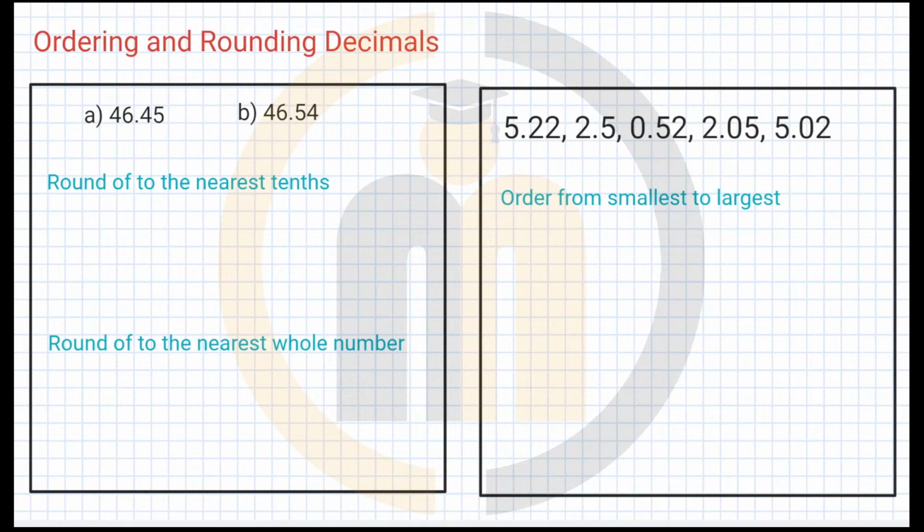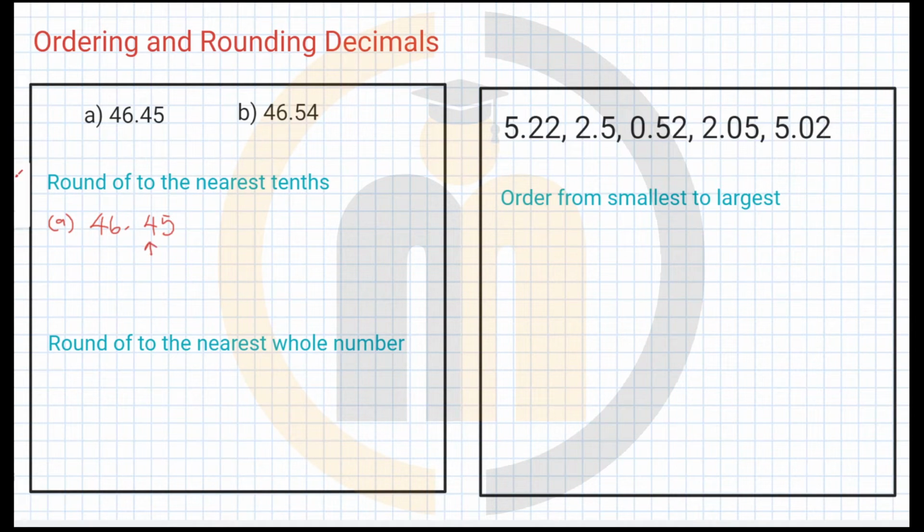In this segment we will order and round decimals. First we will cover rounding of decimal numbers. We have two numbers stated here, A and B, and we'll do them one by one. The question asks to round off to the nearest tenths. So with 46.456, the nearest tenths here is the number 4.